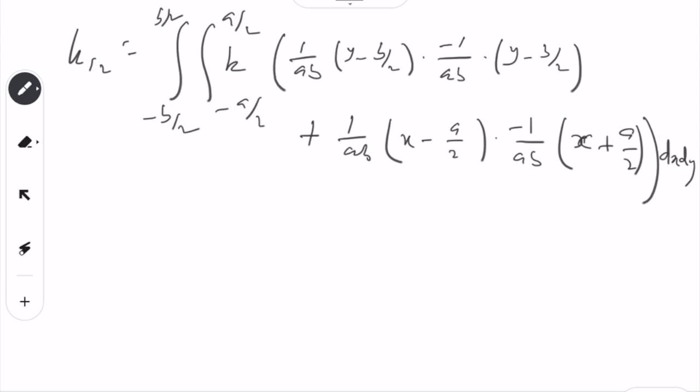Okay, so will be equal to, now we have this square.